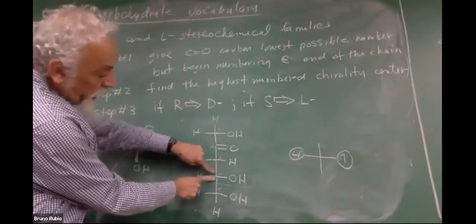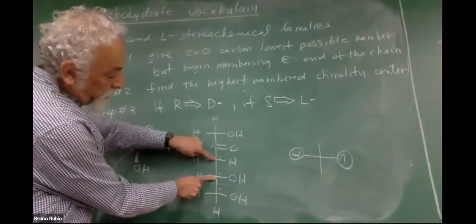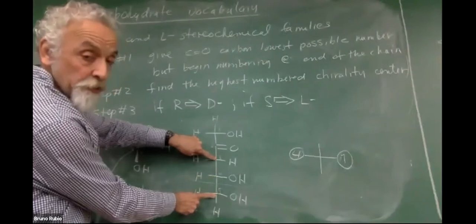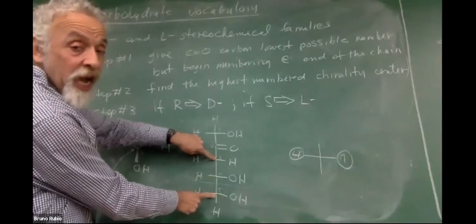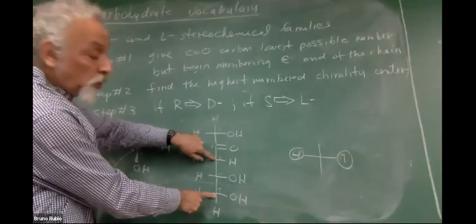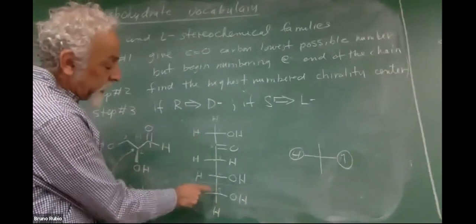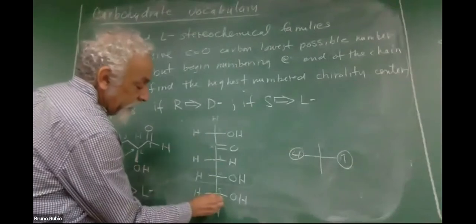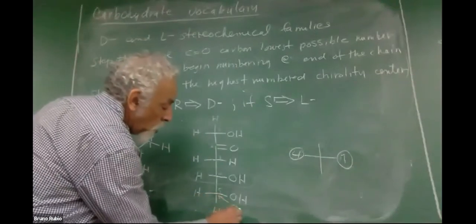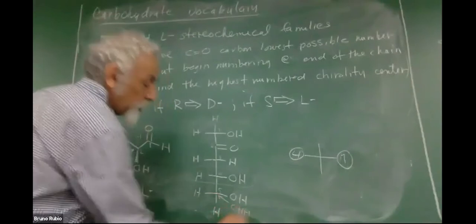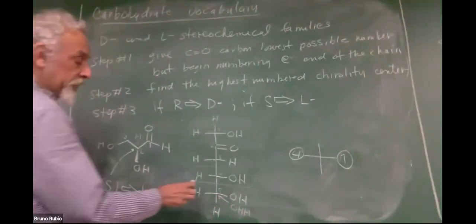And so now I'm here, I go to carbon 3, I go to carbon 5. They're both carbons. I have a tie. What do I do? I have to go to the next set of atoms to break the tie. This guy's next set of atoms is what? OHH, right? I'm in the tiebreaker phase.